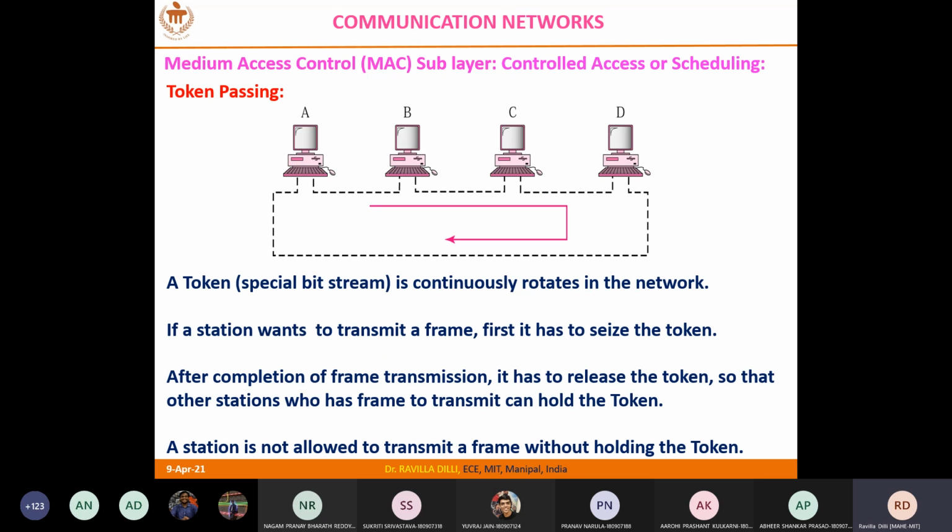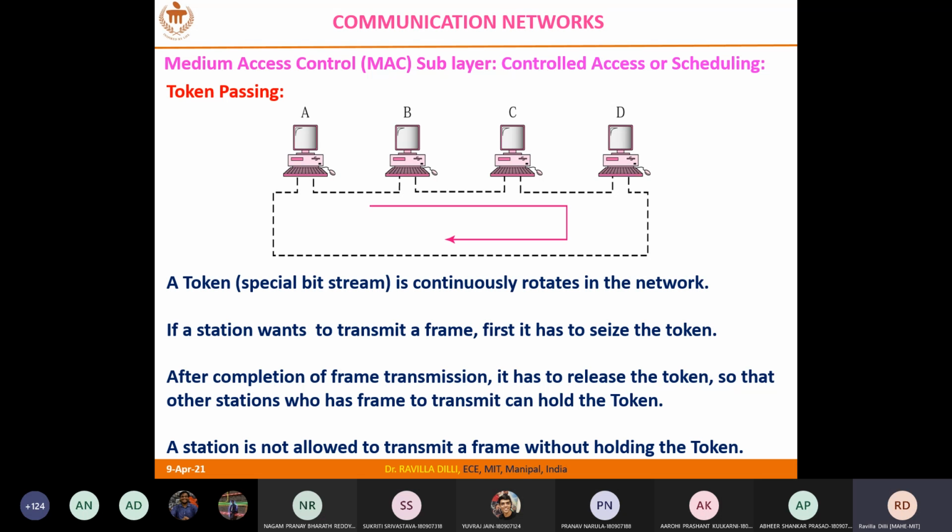The last one is called token passing. Token means a small 3-byte, actually 24-bit, packet which is continuously revolving in the network. Whichever station wants to transmit a frame has to grab the token and release the data frame.